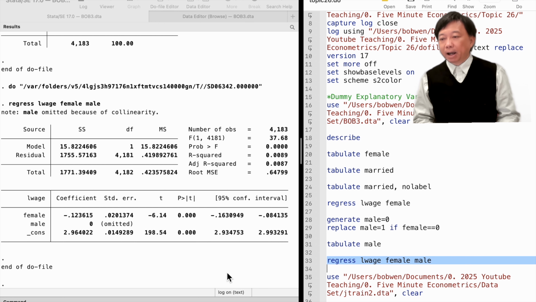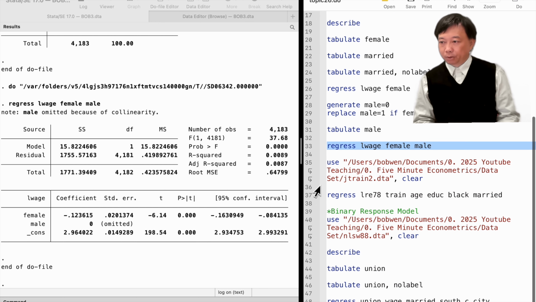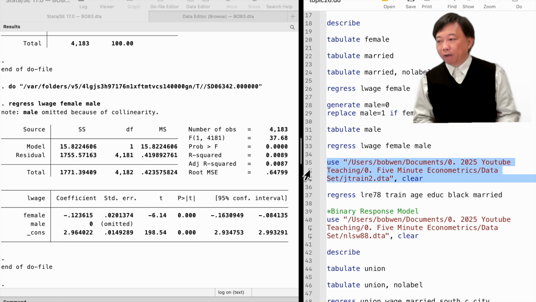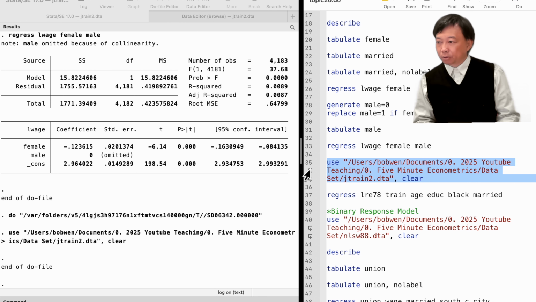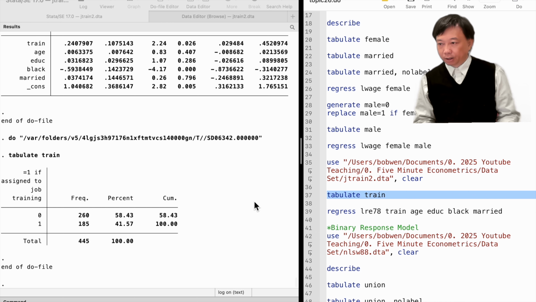We can use binary explanatory variables in regression models to evaluate the effects of programs or policy interventions. For example, the binary explanatory variable chain indicates participation in a job training program.